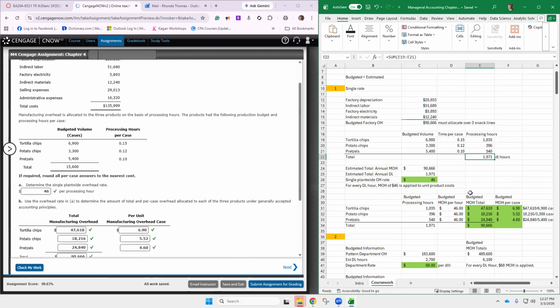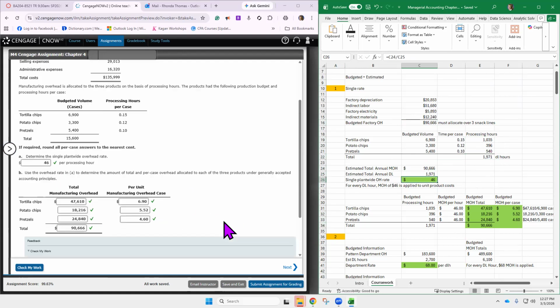What we want to do is take our total overhead estimate and divide by our estimated direct labor hours, and we get a single plant-wide overhead rate of $46. Now we're going to use that rate times the number of hours that it takes to process that line.